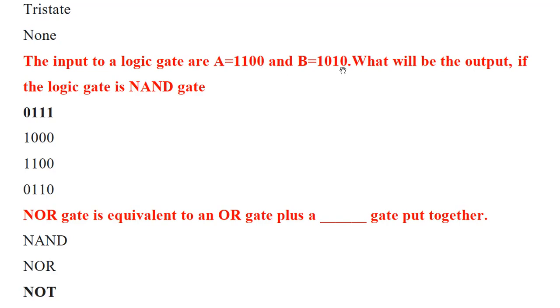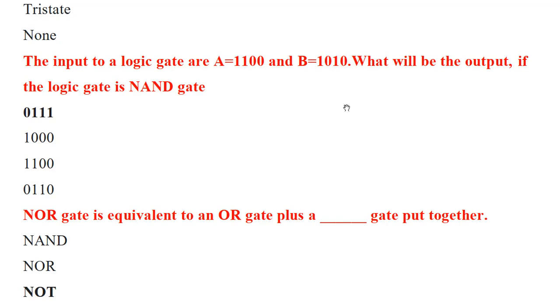You have to again consider the truth table of the NAND gate. What is the truth table for the NAND gate? If both the inputs are high, then the output is low; for all other cases the output is 1. So here it is 0 0, LSB is 0 and 0, so for 0 0 the output is 1.